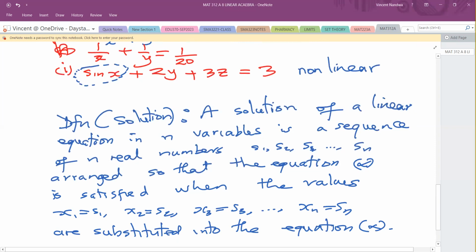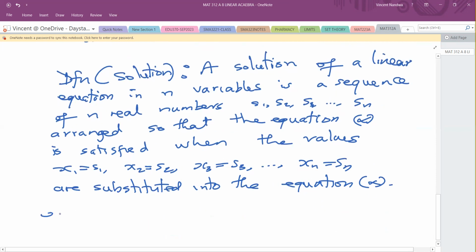So that's what we call a solution to a linear equation. A set of numbers which, when you substitute them for the variables, make the equation satisfied. And satisfying the equation means that when you replace the variables with those numbers, the left-hand side of the equation will be the same as the right-hand side.